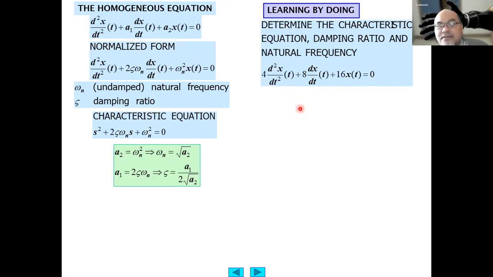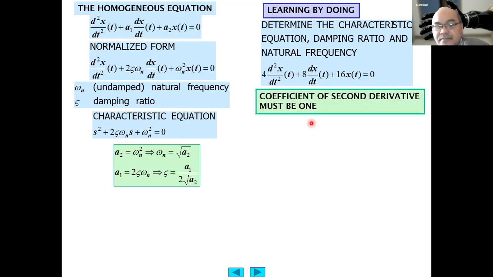Then it becomes d square x dt square plus 2 dx dt plus 4 x(t) equals 0. This is already in the standard form of the characteristic equation, right?